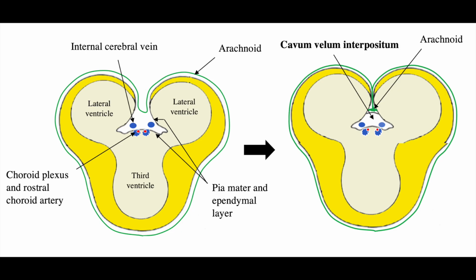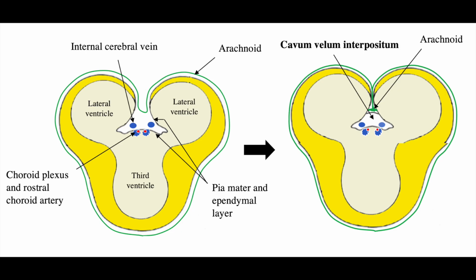These are pia mater and ependymal cell layer. So as the telencephalic vesicles grow, they join at the midplane. So they close this space that was first open dorsally during the development on the dorsal portion of the third ventricle. They close them.